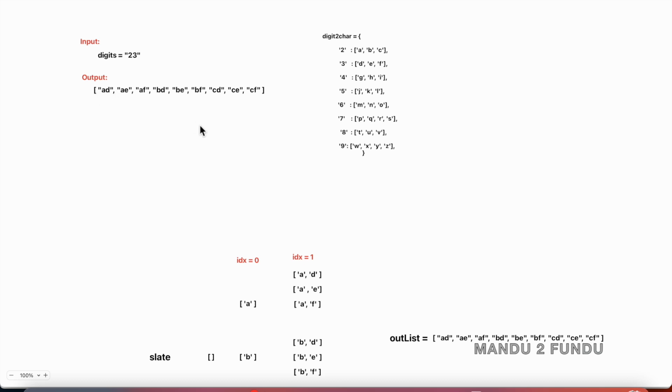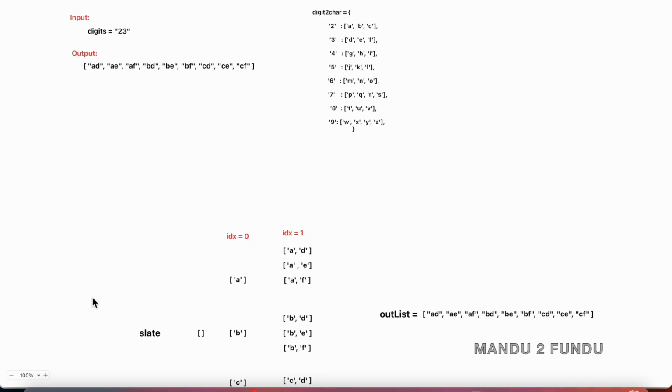Okay, let's see how we can come up with an algorithm to generate this output. We initialize the slate to an empty byte slice, and then we have an index to track the number of digits we processed in the input string.